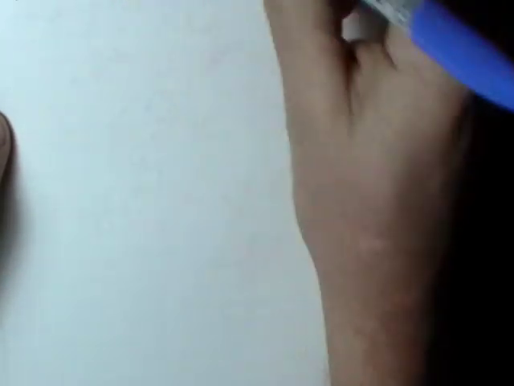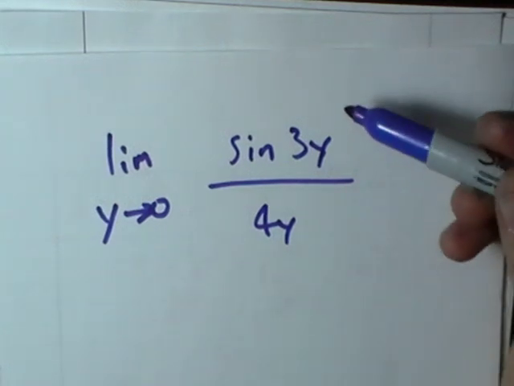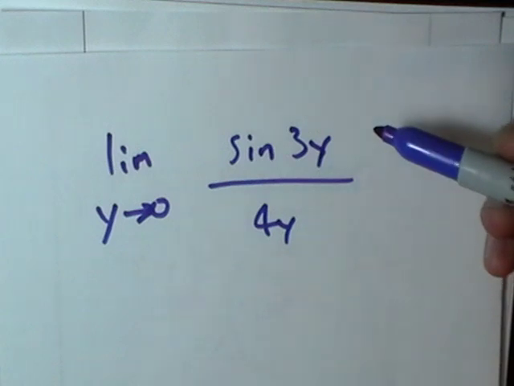Okay, we've got the limit as y goes to 0 of sine 3y over 4y. The first thing I'm going to do right here is get a form of sine 3y over 3y.